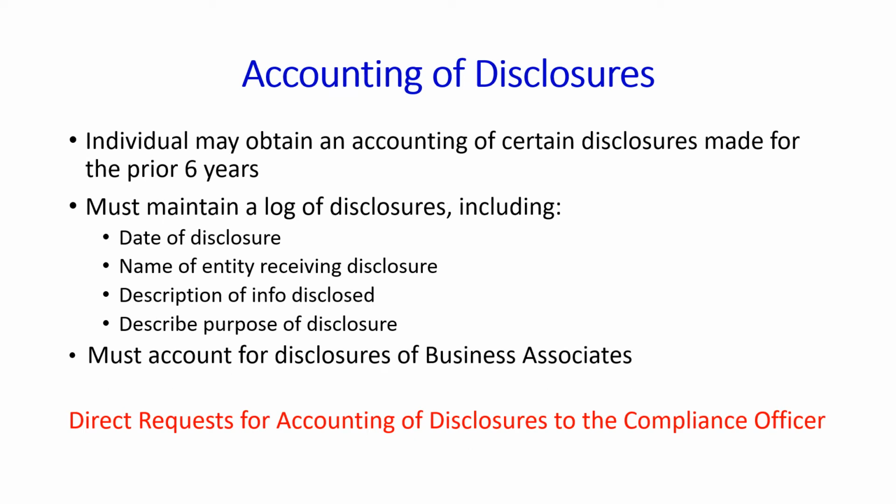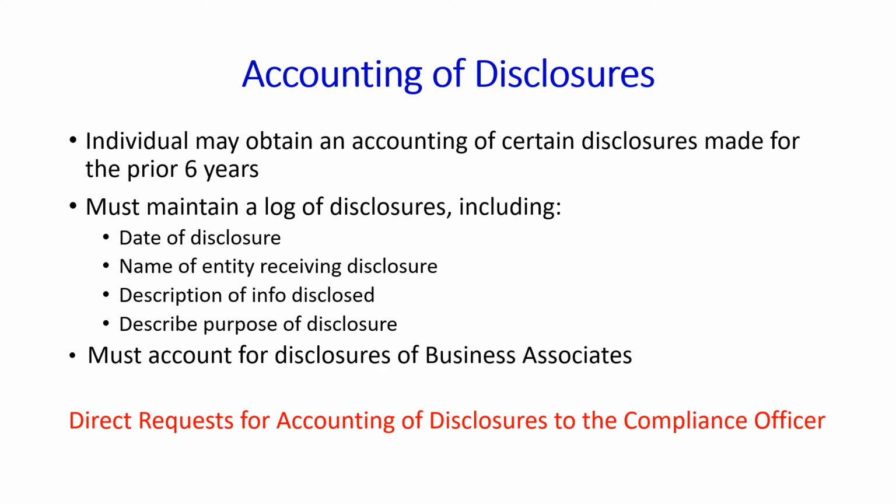Patients have a right to know when their PHI has been released to other entities, as well as the name of those entities. Thus, patients can request an accounting of disclosure, which is simply a list of all the entities who have received a copy of the patient's PHI, when that PHI was sent to the outside entities, and which specific pieces of each PHI were sent to the outside entity.